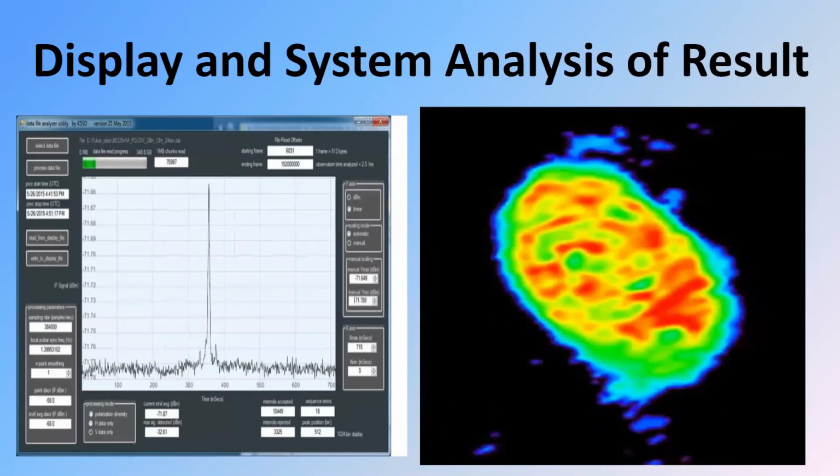And then the next part is the display and system analysis of results. What we see next is the display of the analysis of the results after the digitization, where our computer can read or recognize the zeros and ones.